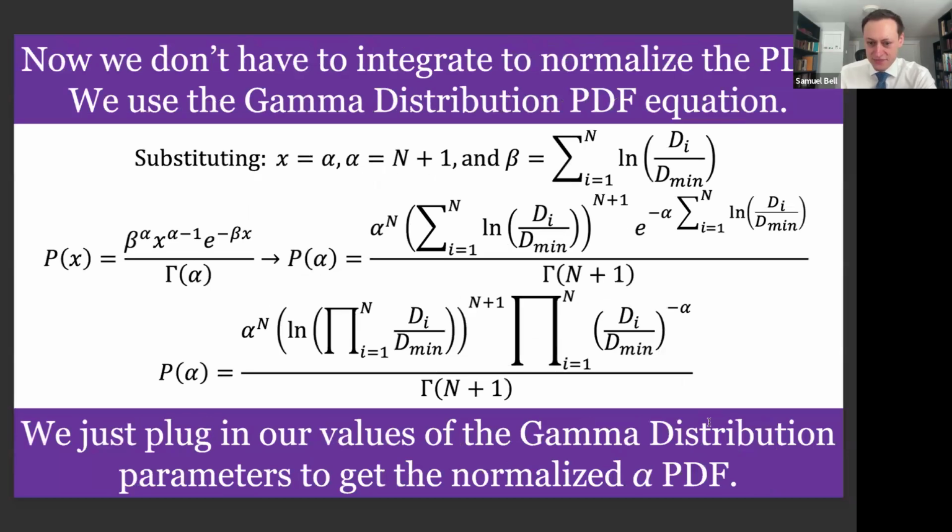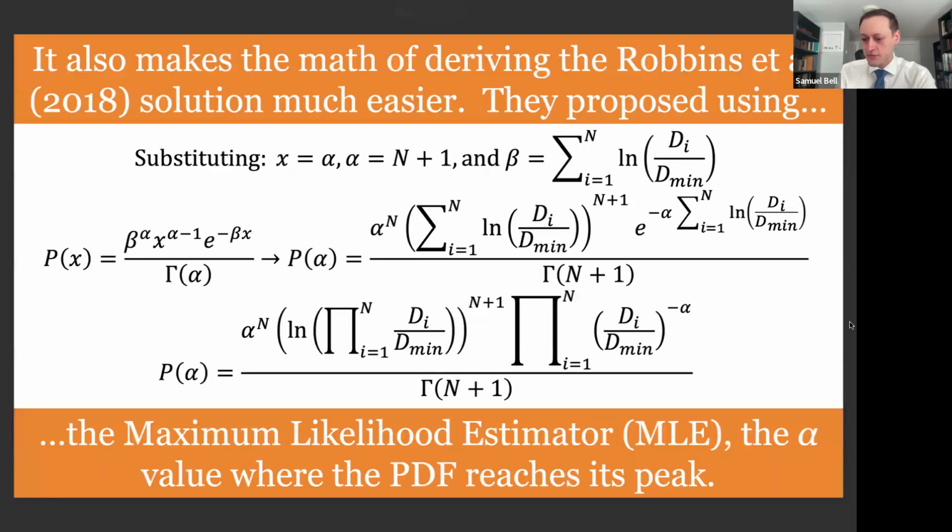And there it is. The equation that answers the slope problem. It also makes the math of deriving the Robbins et al. 2018 solution much easier. They proposed using the maximum likelihood estimator, the alpha value where the PDF reaches its peak.